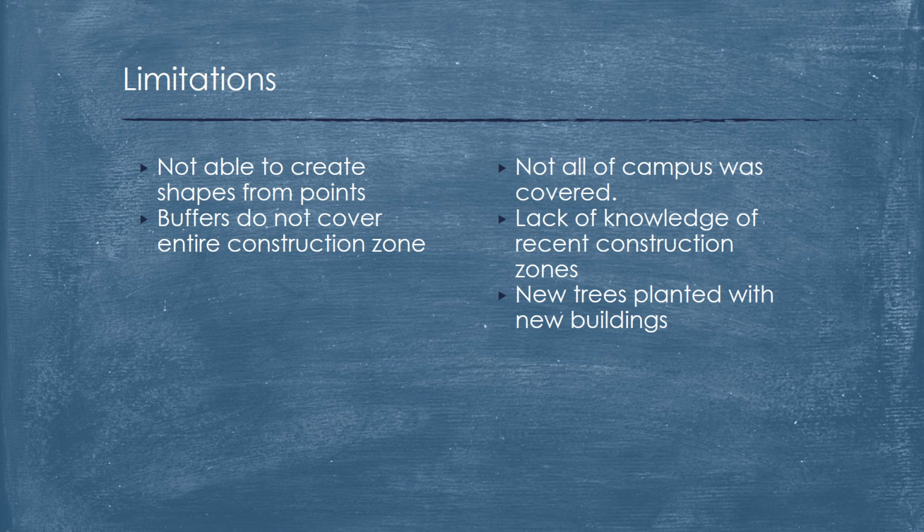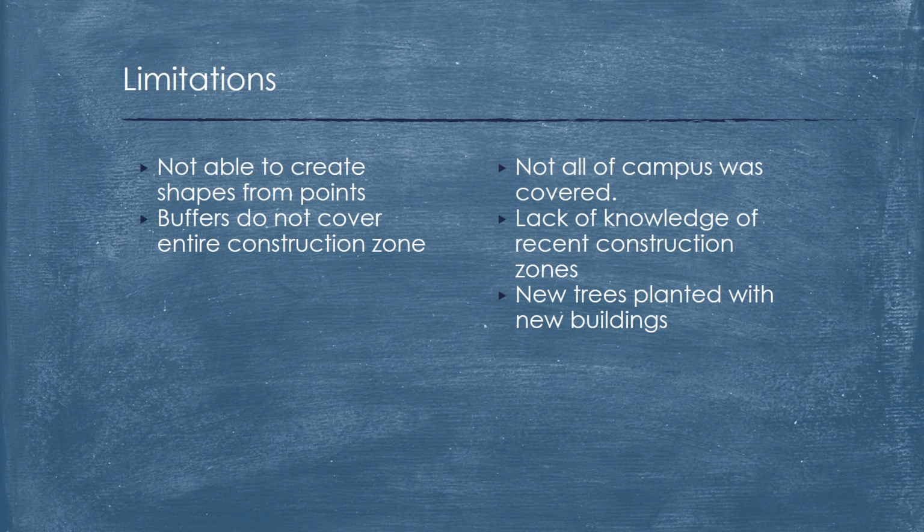So our limitations: we weren't able to create shapes of the construction zones from the points, and the buffers themselves do not cover the entire construction zone. So there is a limitation on the ability of intersection between the trees and the construction zones.